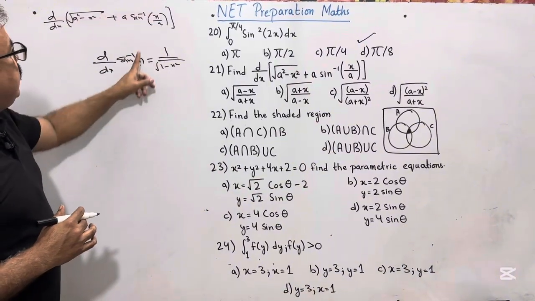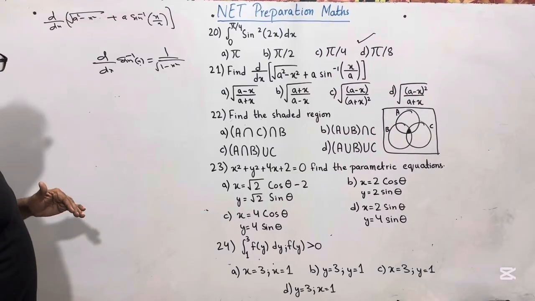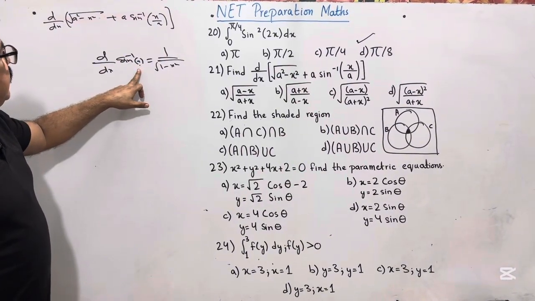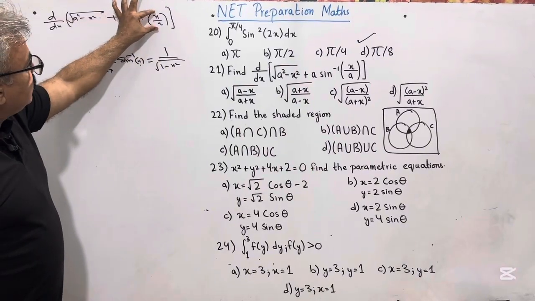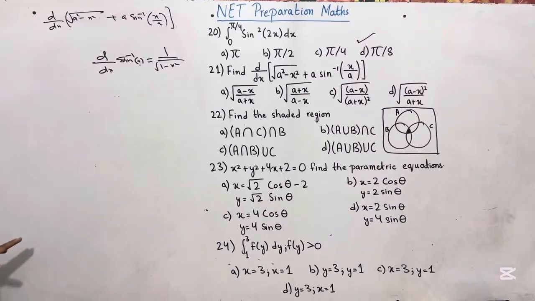One cannot apply the formula directly. Even if, with the utmost effort, a student writes x over a instead of x, but hasn't managed the differentiation of this as 1 over a, he is going to fall definitely.